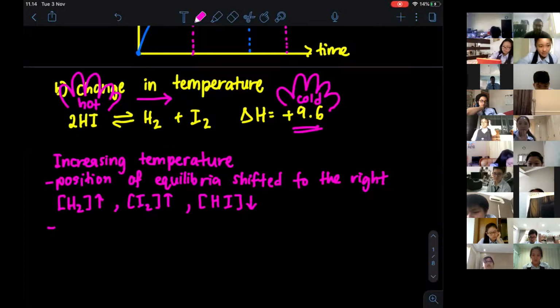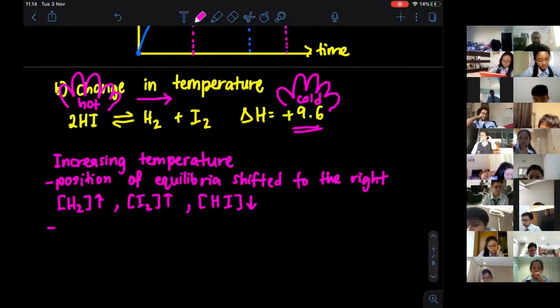This is positive. Going to the right means endo or exo? Endothermic. Yes. So instead of writing position of the equilibrium shifted to the right, which is actually your thinking process, leave that for your thinking only.